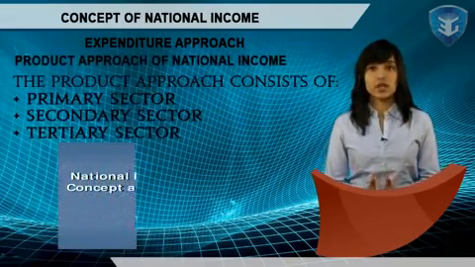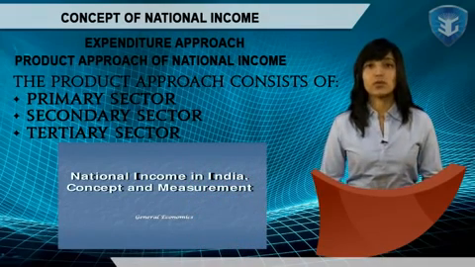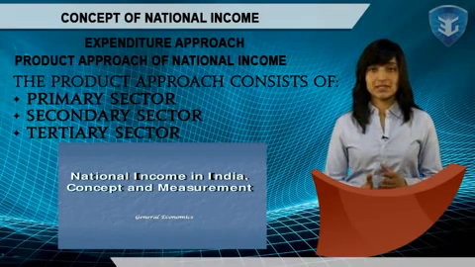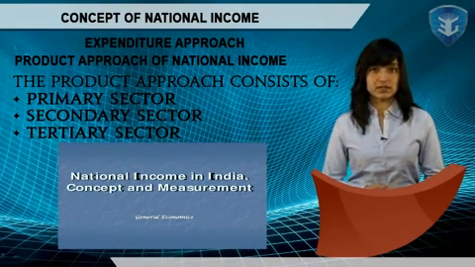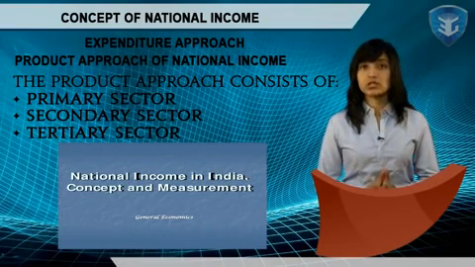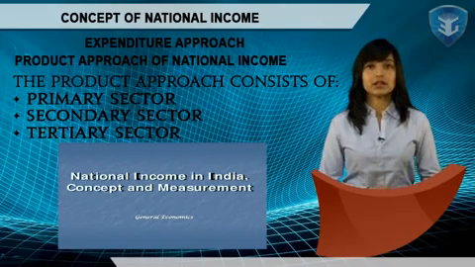Product approach of national income. According to this method, national income is measured in the form of total product obtained from each economic sector, such as primary, secondary, and tertiary sectors. The primary sector includes agriculture-based productions like fishery, forestry, and other production activities.